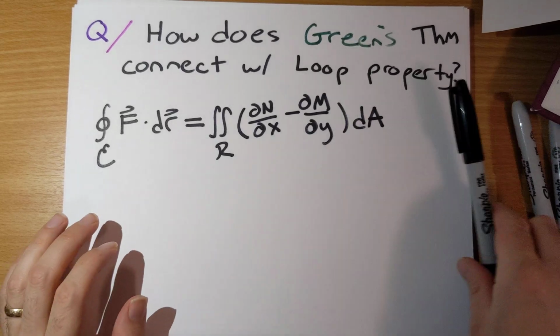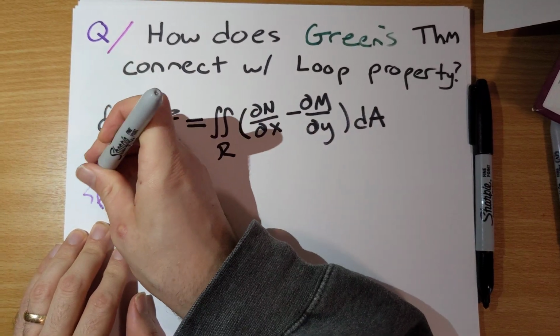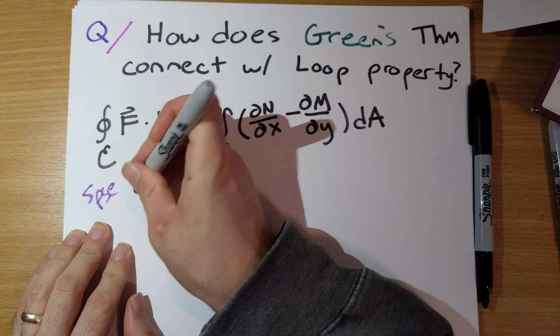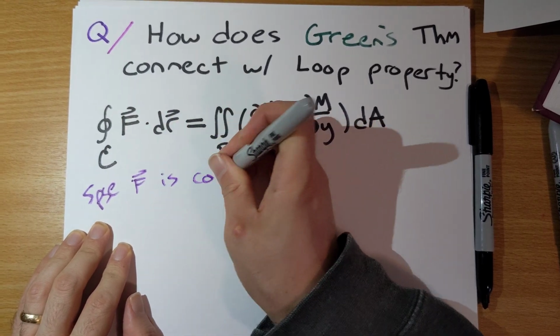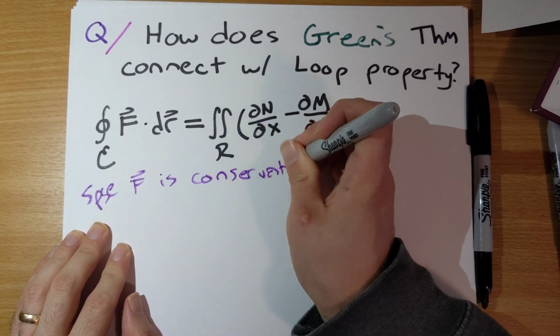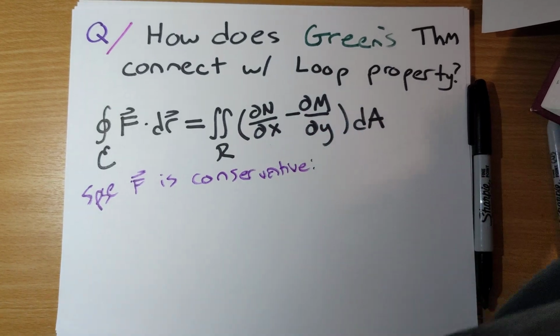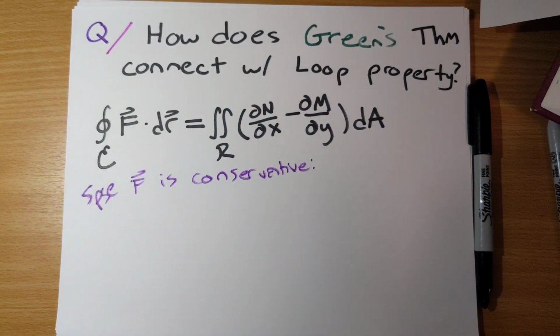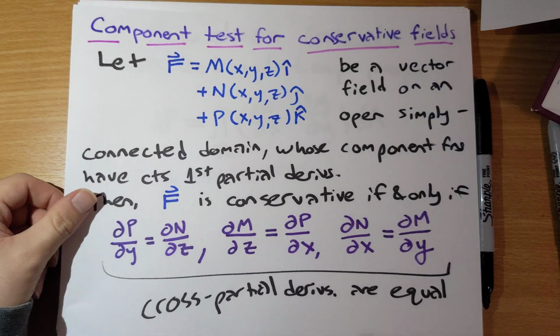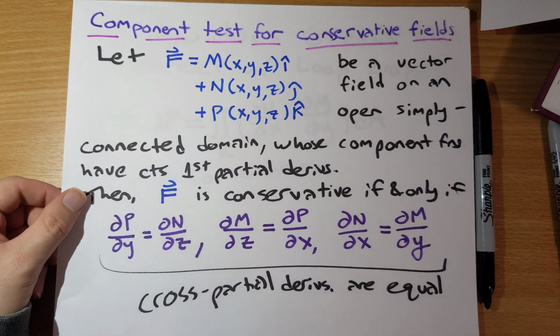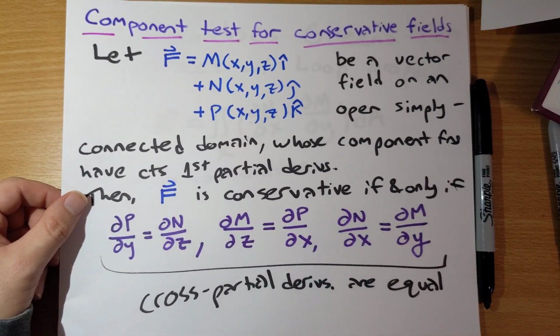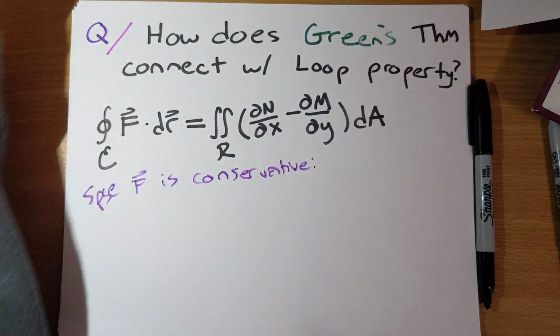So now suppose that F is conservative, and so we know by the component test for conservative vector fields that the cross partial derivatives need to be equal.